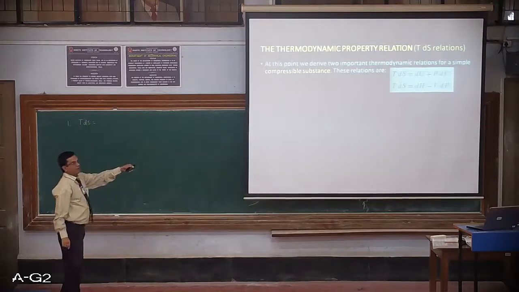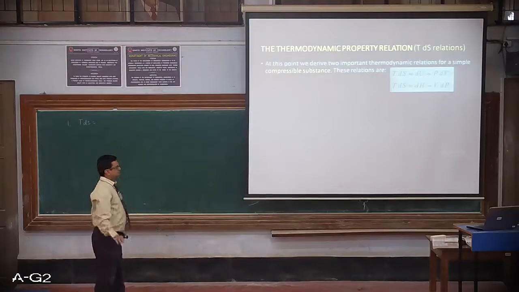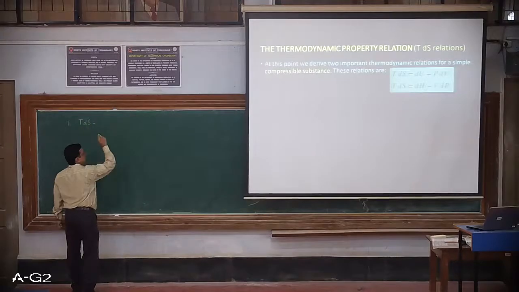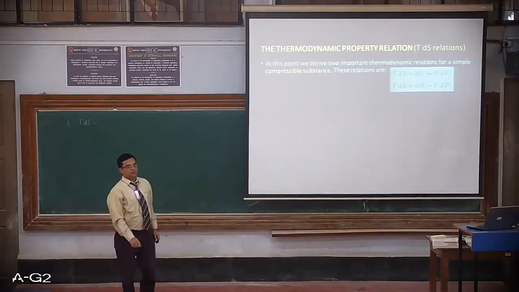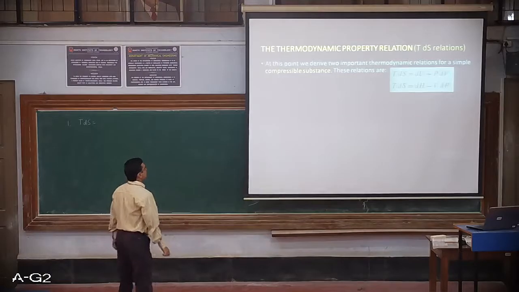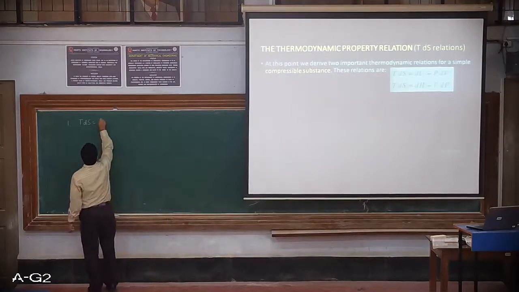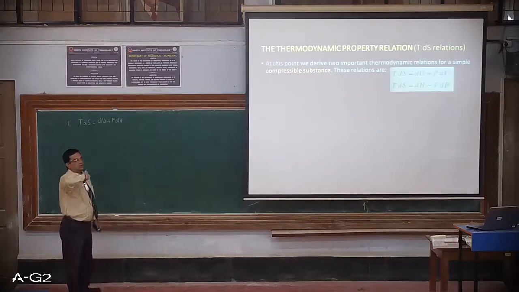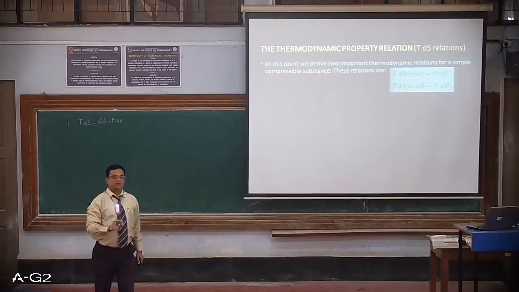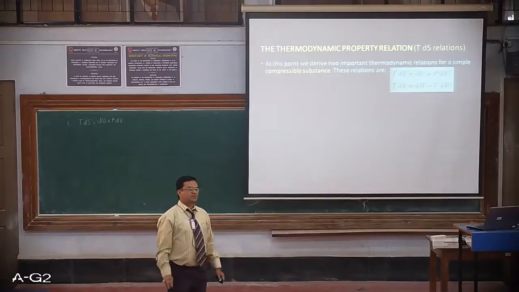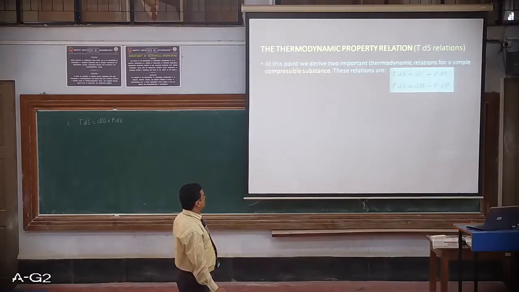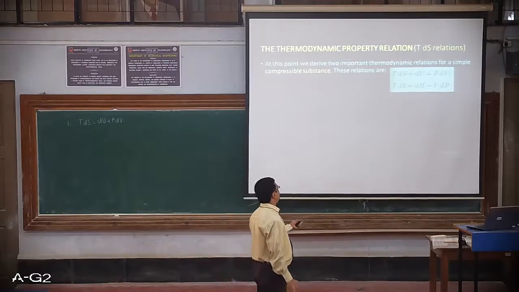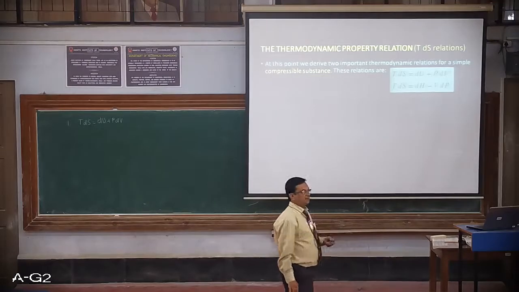All the values shown here are on a total basis, that is, total properties. No small terms are used like specific properties. We are not using specific properties at present, all are total properties. The second equation is TdS equals dH minus VdP. So let's first develop the first equation and see how to derive it.